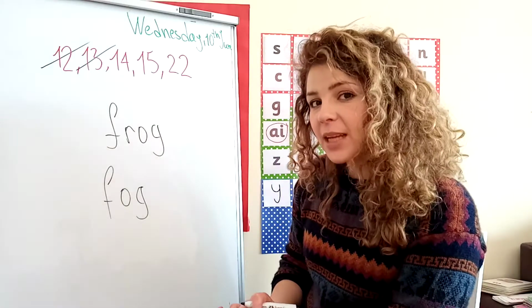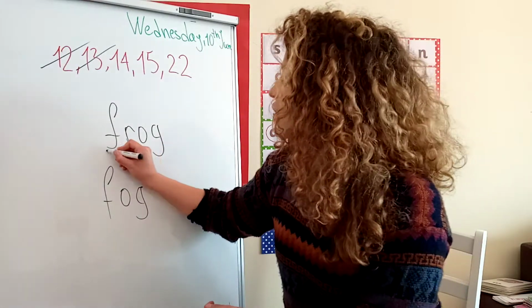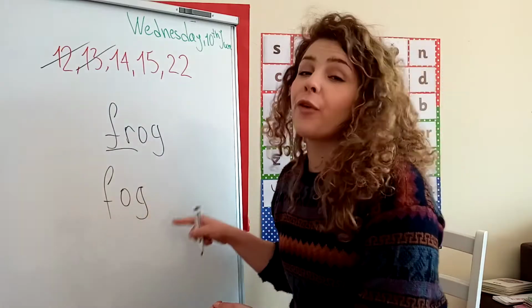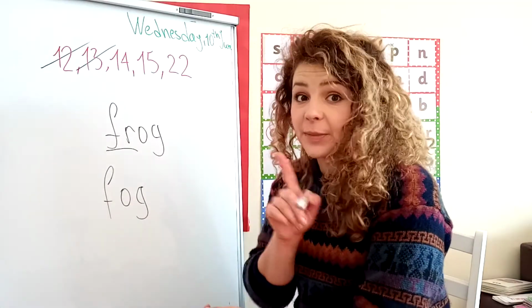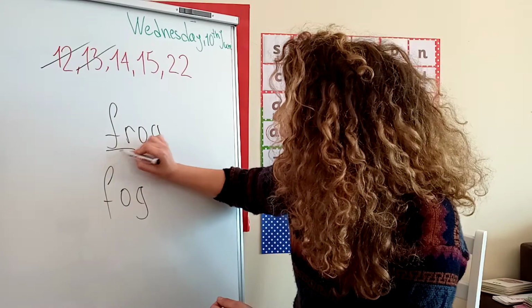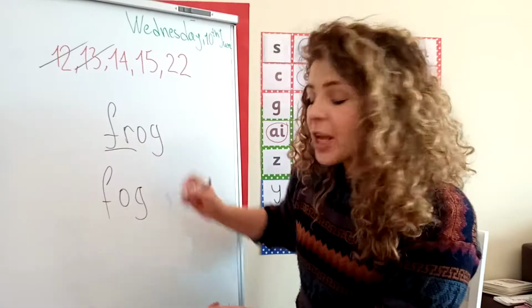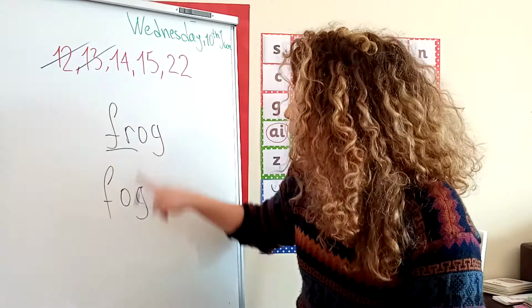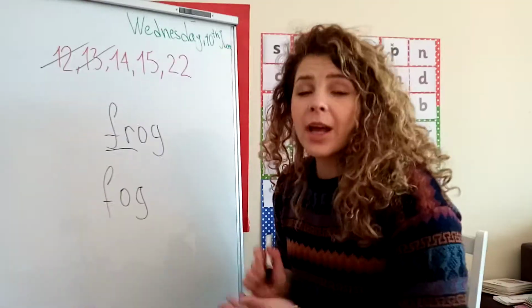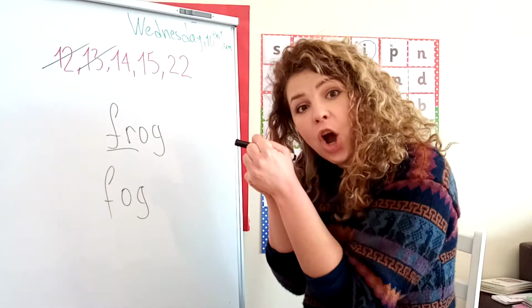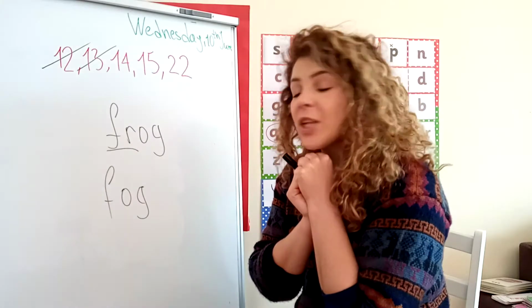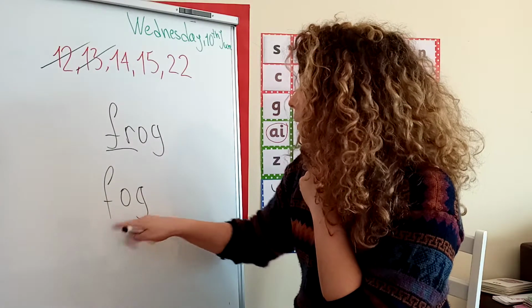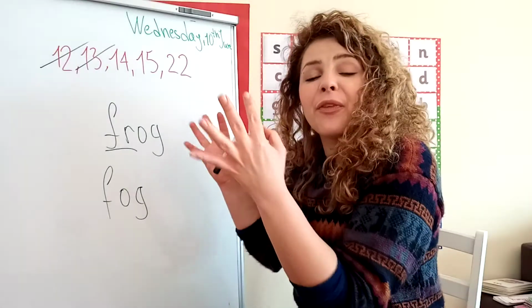But what makes the word frog a little bit trickier to read than the word fog is not the fact that it's a bit longer, it's these two sounds together. So what happens, you remember, I told you many times that vowels like O stick consonants together. So when you have a vowel between two consonants, it's fairly easy.